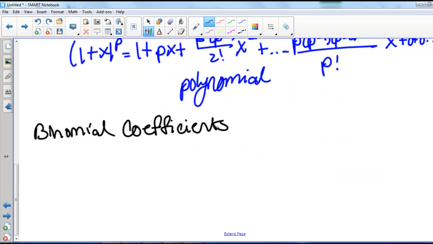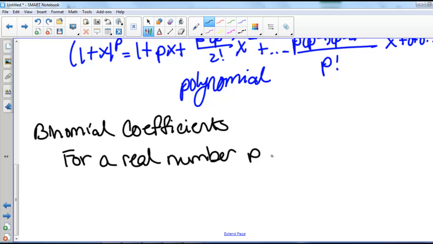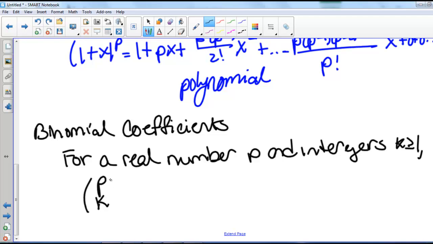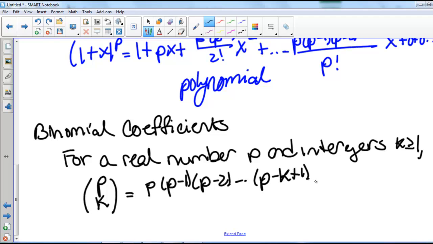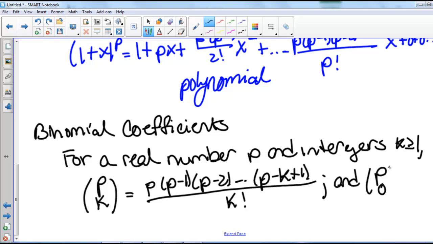So what a binomial coefficient is, for a real number p and integer k greater than or equal to 1, is the notation p choose k equals p times p minus 1 times p minus 2 and so on up to p minus k plus 1 divided by k factorial, and p choose 0 equals 1.